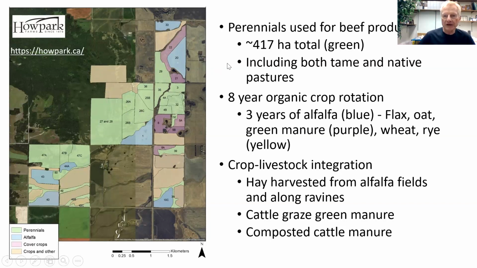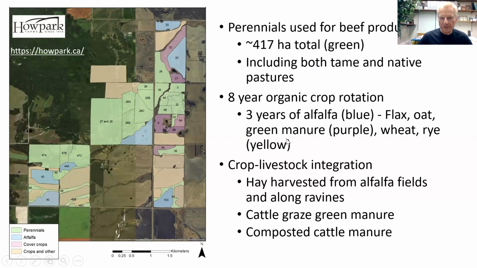And these farmers have optimized this land base by putting a lot of the land into perennials or grazing the native pastures that are there. And they're using the twice over grazing system, which is known to be very good for grazing native pastures on the prairies. It allows the health of the pasture to be maintained, especially during droughts. And then they have an 8-year organic crop rotation.